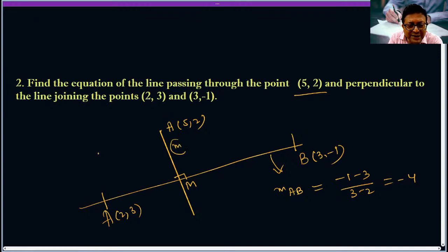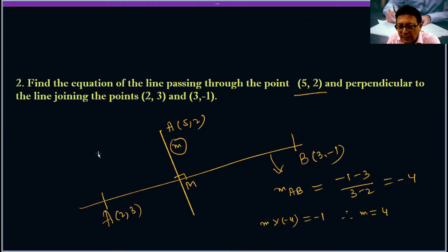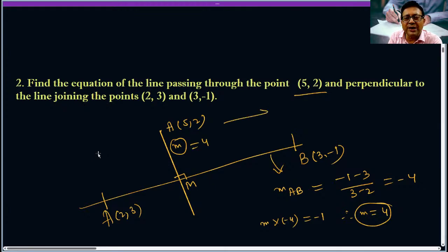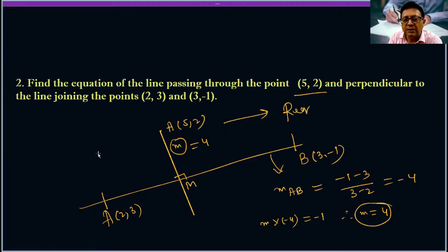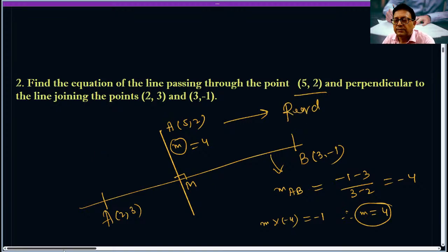This one has slope say m. Please don't be confused with plus minus signs. This is minus 1 as they are perpendicular. So m will be 4. If m equal to 4, then you use the one point form. So required equation is, 1 by 4. Yes, it is 1 by 4.